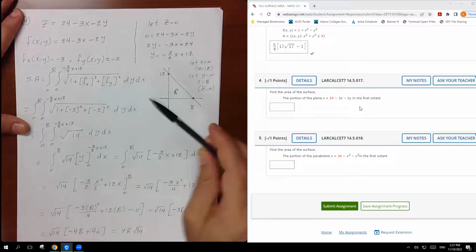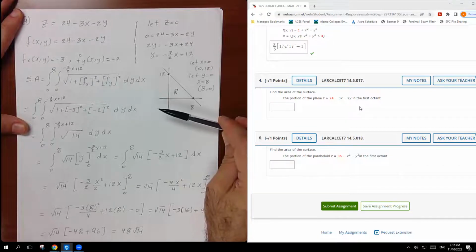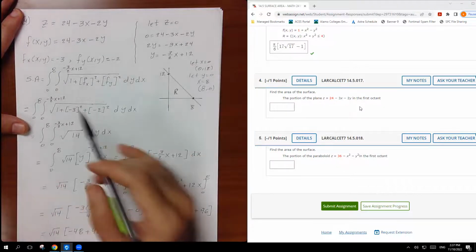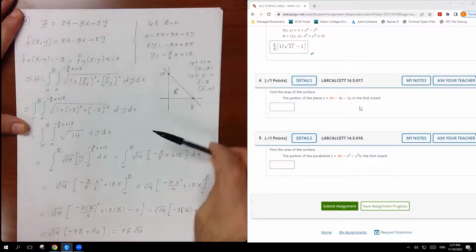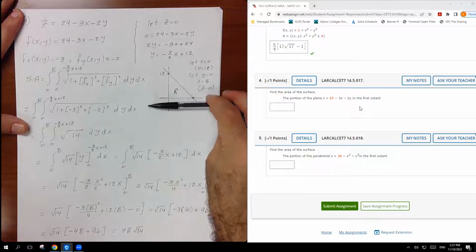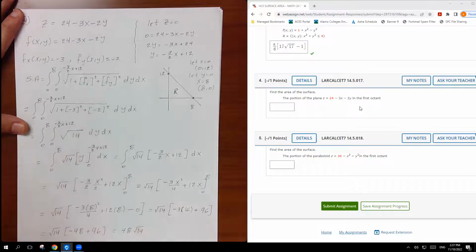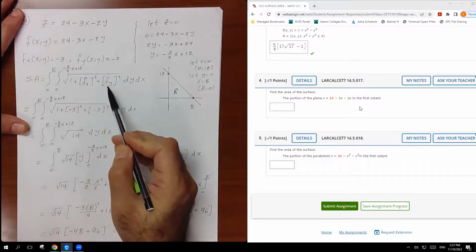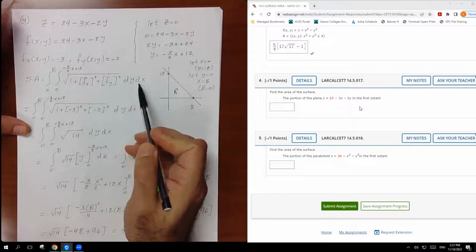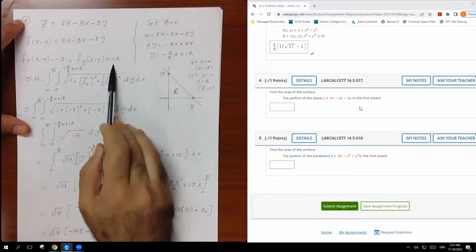Now we can locate the boundary for the integral. For x, it's going to be from 0 to 8, and for y, it's going to be from y equals 0 to this line, which is negative 3 over 2 x plus 12. The integrand is the square root of 1 plus f sub x squared plus f sub y squared, dy dx. f sub x is negative 3, f sub y is negative 2.